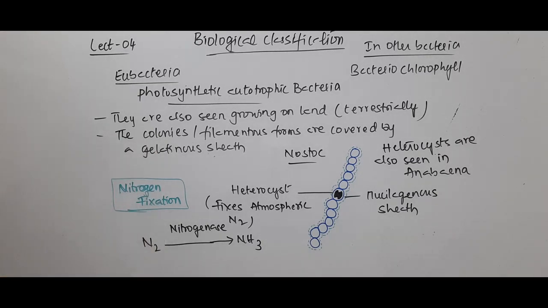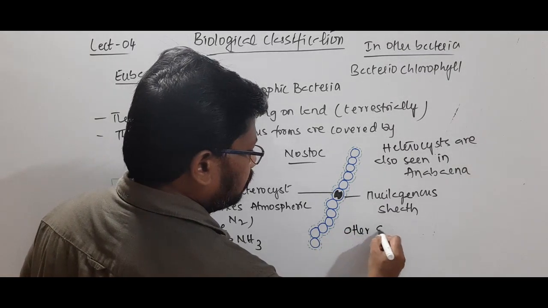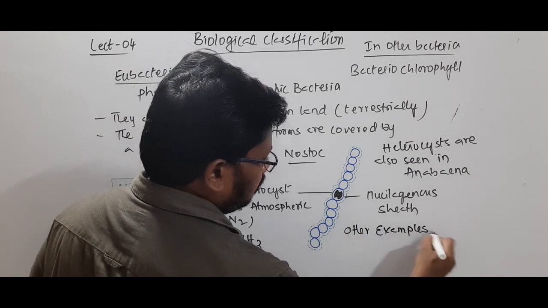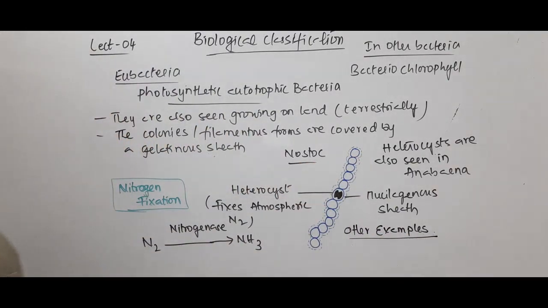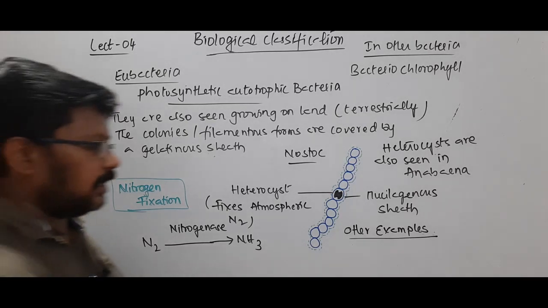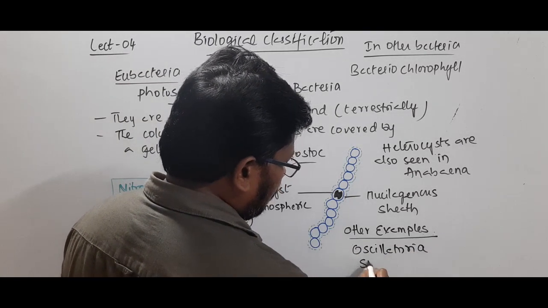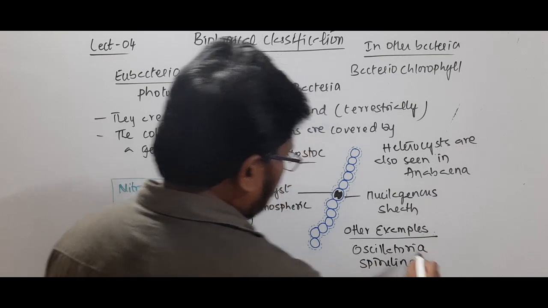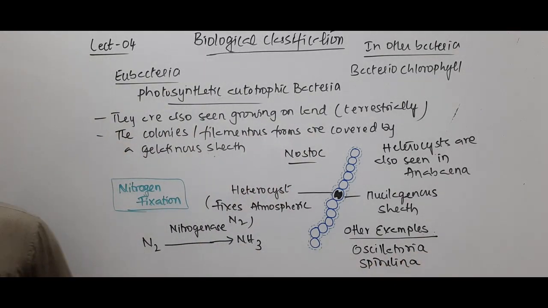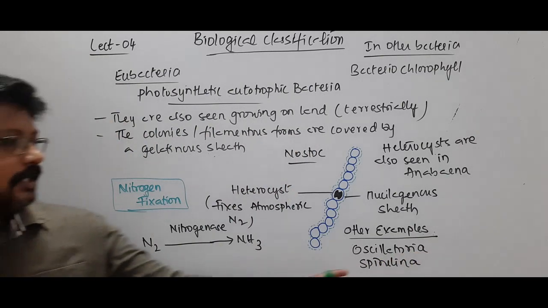Now here some other examples of these cyanobacteria we will see, like Oscillatoria. I'll mention other examples. Here we have seen two examples, Nostoc and Anabaena. Another example is Oscillatoria, and then Spirulina is another cyanobacterium.